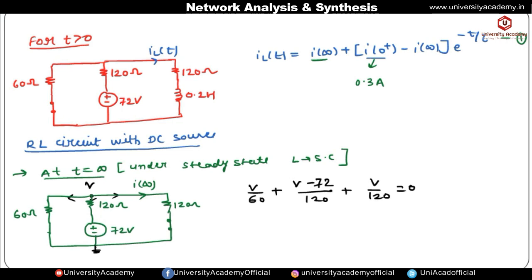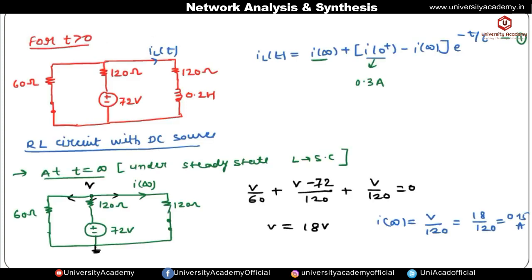By taking the LCM as 120, we are getting V as 18 volt after the simplification. If V is 18 volt, then we can easily find the I of infinity value. So I of infinity will be given by V by 120, that is 18 by 120, which is equal to 0.15 ampere.